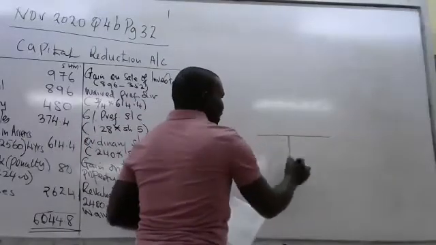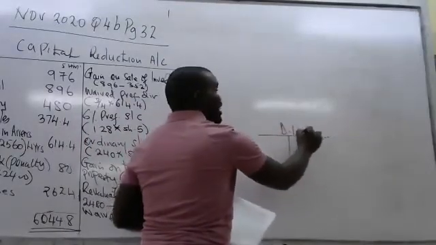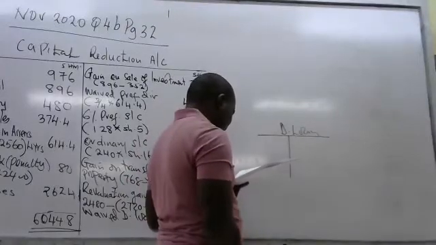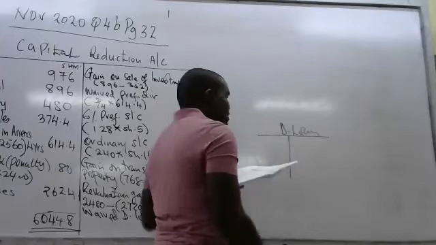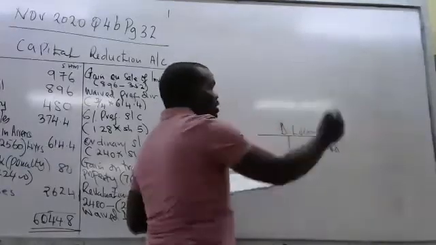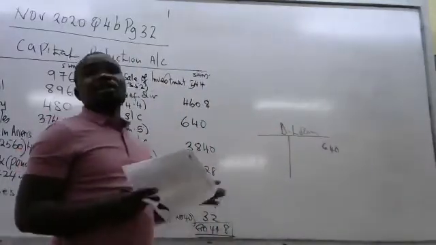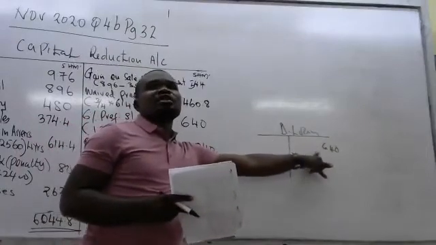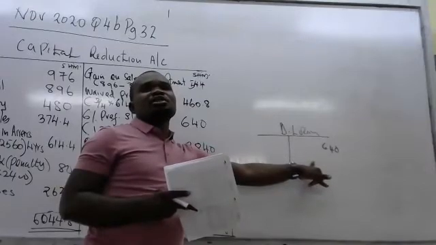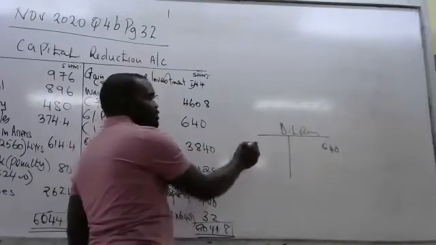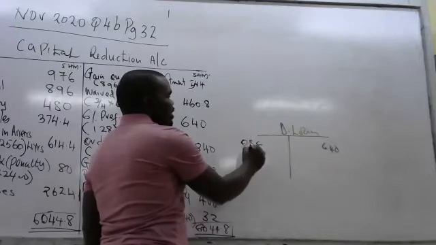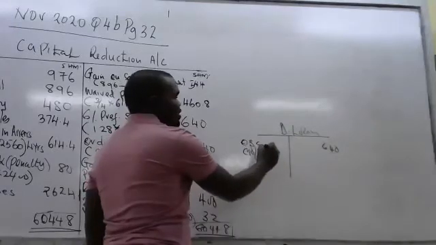So one, you have to agree that the director's loan is a liability account, which was 640. Of that 640, 90% is to be given as shares, so ordinary share capital will take 90% of the 640.